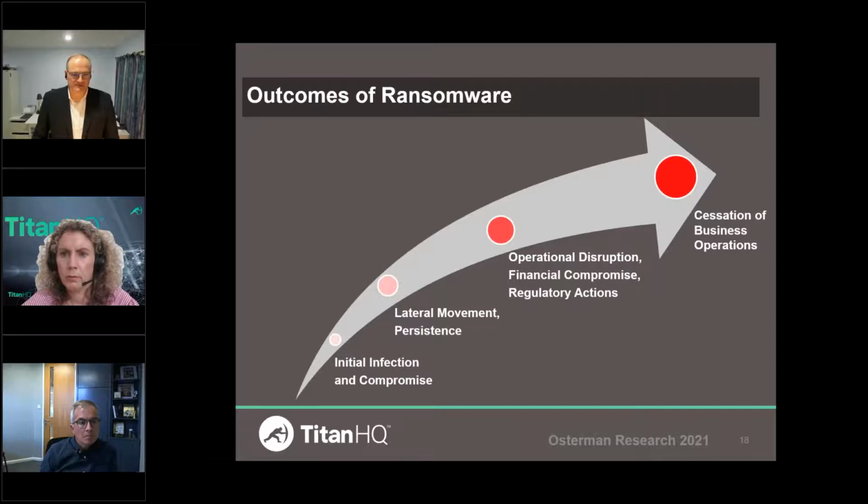Outcomes of ransomware get worse the longer that a ransomware attack, or the seeds of a ransomware attack, remain in place undetected in an organization, from initial infection and compromise through to lateral movement and seeking to establish persistence where further systems are compromised and further ransomware seeds are planted across the organization, through to things like operational disruption.